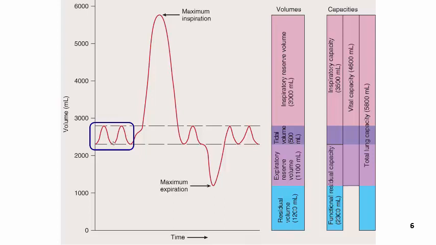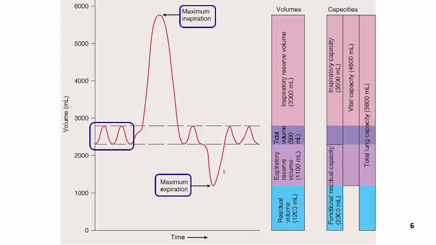They're not actually moving. And the tracing all the way at the top here refers to maximum inspiration. This is the maximum amount of air a person can pull into their lungs by maximally activating their inspiratory muscles.